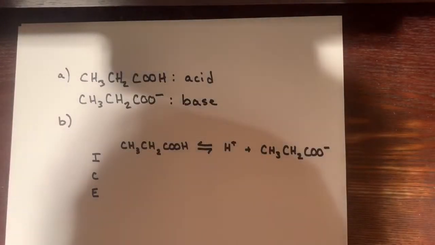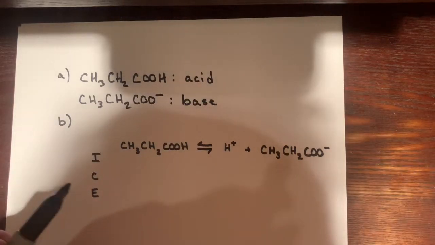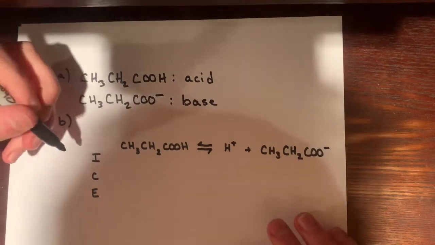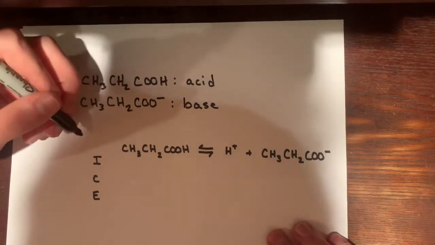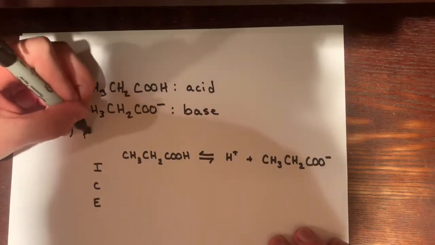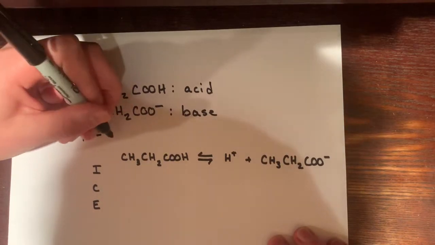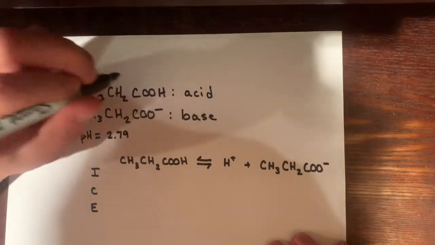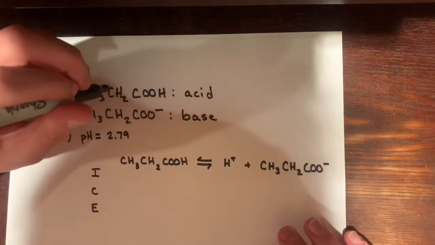For part B of the problem, we're going to have to work back from the pH to determine the Ka of the solution. So we know from the problem that the pH of the solution is 2.79. So we can find the hydrogen concentration from that.